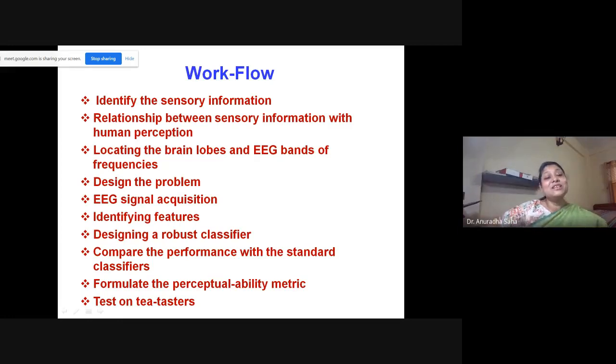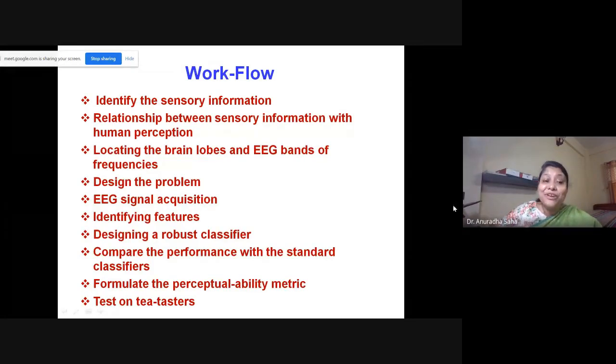So basically we need to do that groundwork beforehand, and whenever we are very sure about our innovation, then we can use it on the tea testers to test the results. So this is the workflow of the tea taster selection problem using artificial intelligence.